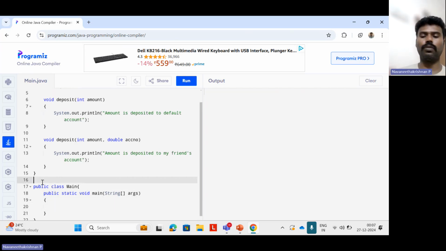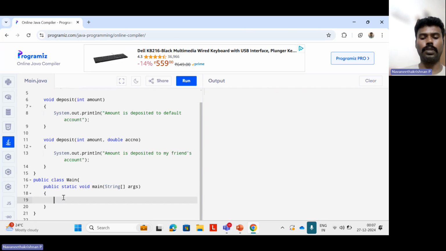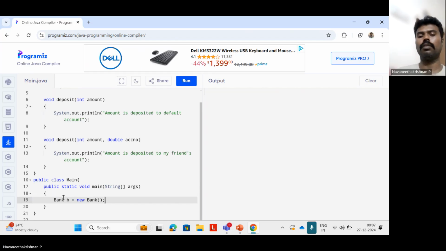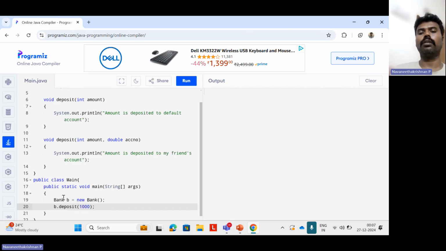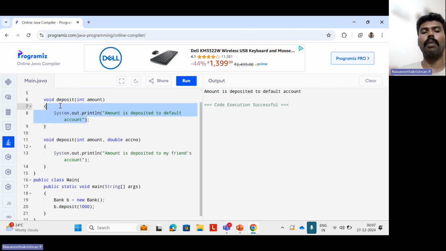Now I create the object of the bank class and call the method. Suppose I am calling the method with one parameter. Then the method with one parameter is executed, because that is what I have called.